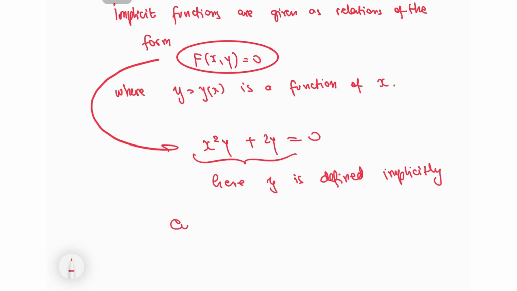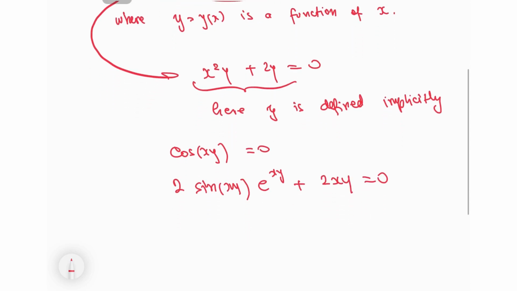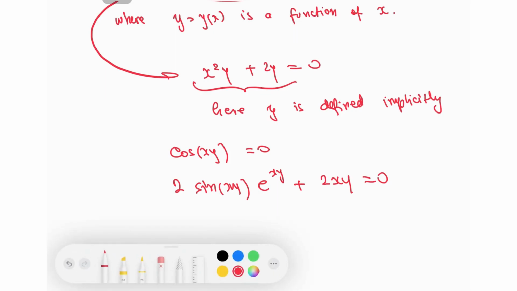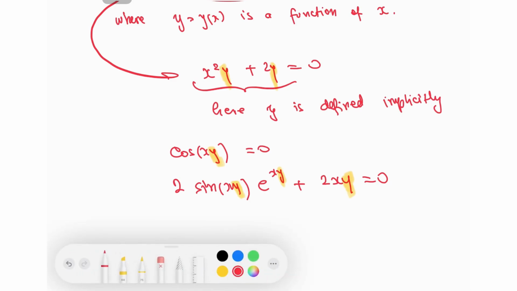Another example would be cosine xy equals 0, or 2 sine xy e to the power xy plus 2xy equals 0. In all these cases, we assume that y, wherever it appears, is a function of x.